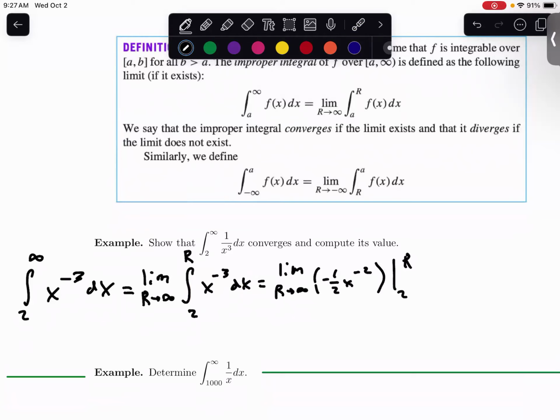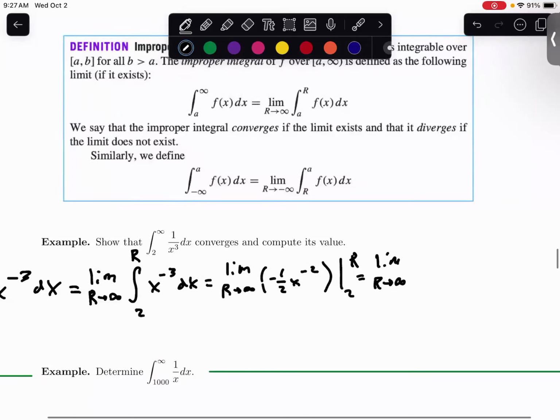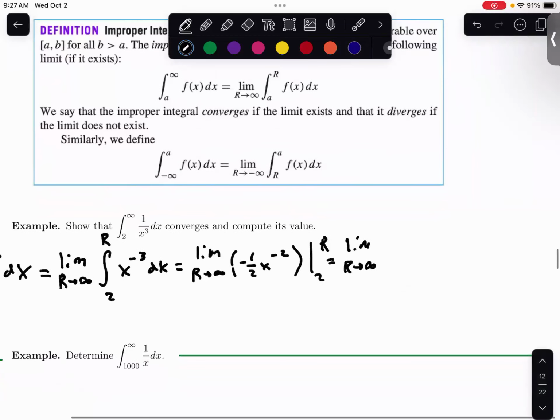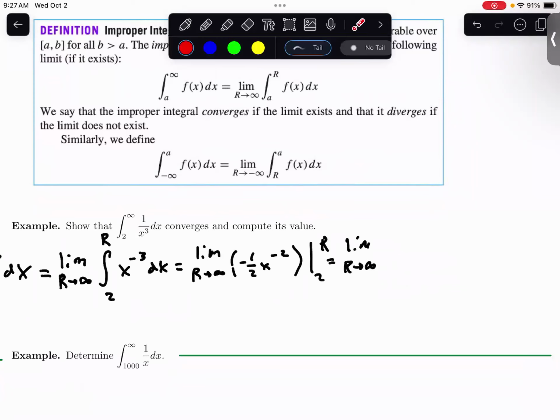So this is the same thing as the following: the limit as r goes to infinity of, unlike the previous examples in this class, you actually have to write out what happens when you plug in r. You can't leave your answer like this. You have to go further and show whether or not it converges or diverges.